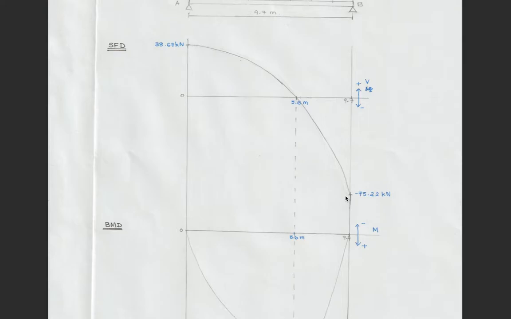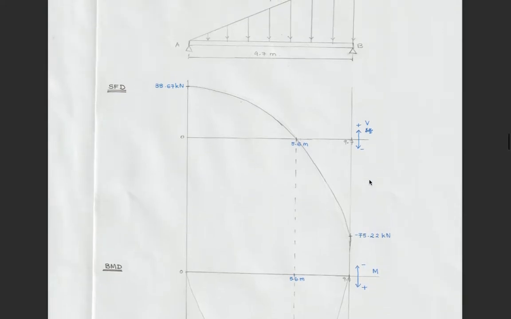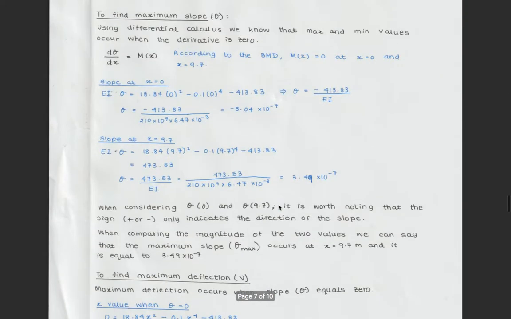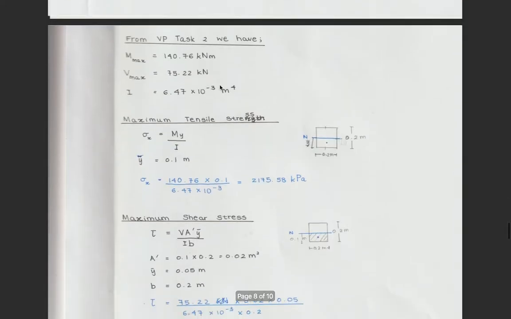Again, the negative sign is only indicative of the direction, not the magnitude. So the maximum shear force is 75.22. And then we've also used the moment of inertia of the beam, which I've calculated here, 6.47 times 10 to the negative 3. So that's what I've listed down here.